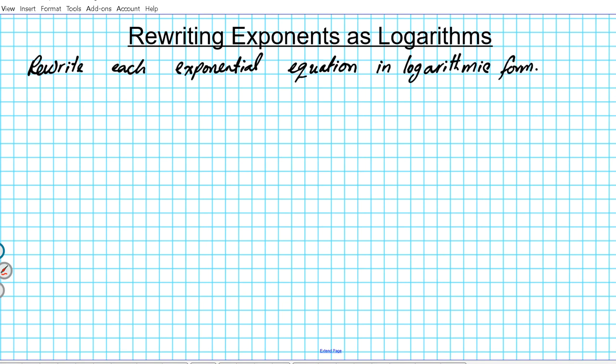All right, so the first one, we have 7 raised to the second power is equal to 49. So we have to write this exponential equation in its equivalent logarithmic form. All right, so let's do it.